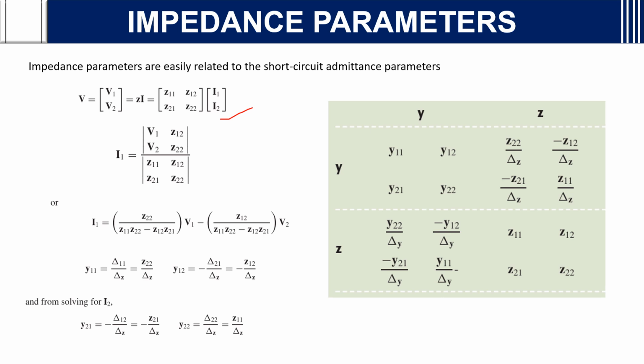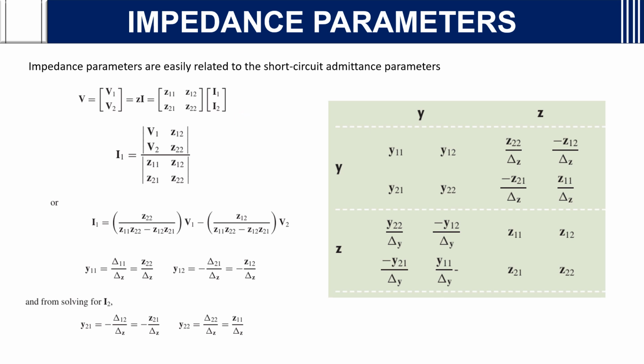You know this is the equation from the previous slide. If you apply Cramer's rule, if you want I1, what we need to do? The first column needs to be replaced by V1 and V2, which is on the left hand side, that is V1 and V2, with Z12, Z22, Z11, Z21. This is delta Z by delta Z. So from this you can get the I1 value.